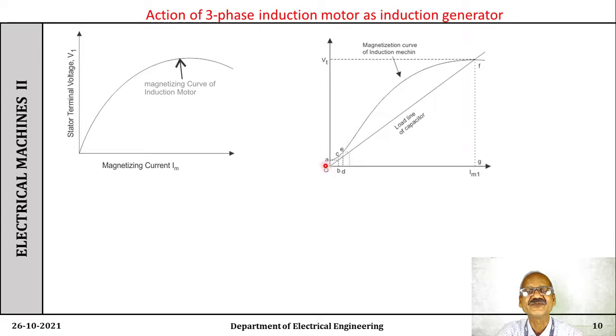And because of this OA, if you take the projection on this straight line drawn from the origin, so as to cut the magnetization curve at point F, that line is also known as the load line of the capacitor. The EMF generated is OA, and because of this induced EMF in the armature winding, the capacitor current is OB.